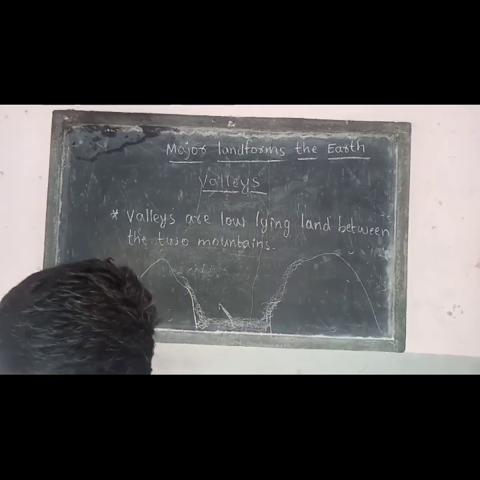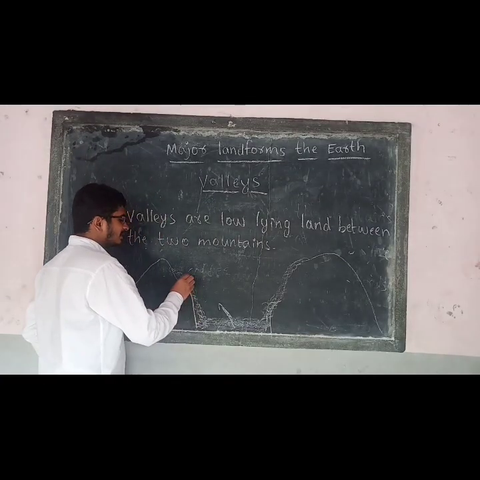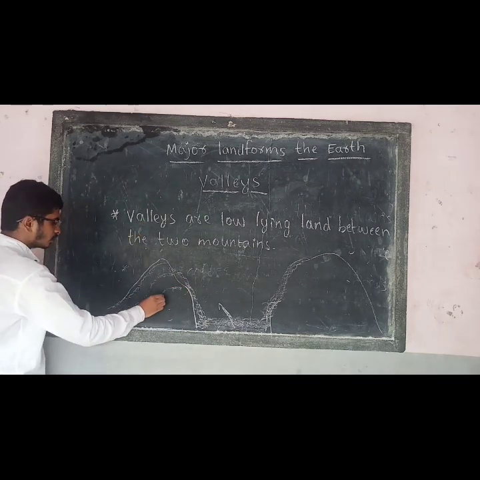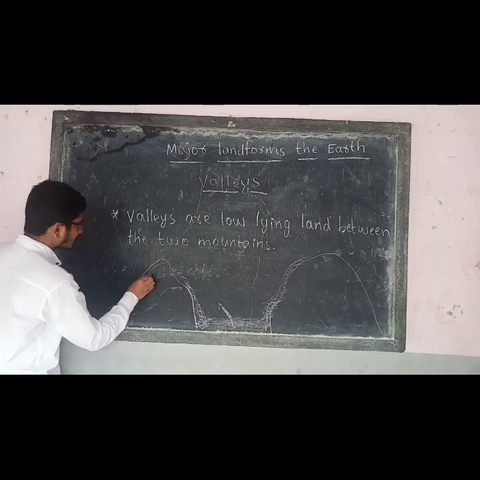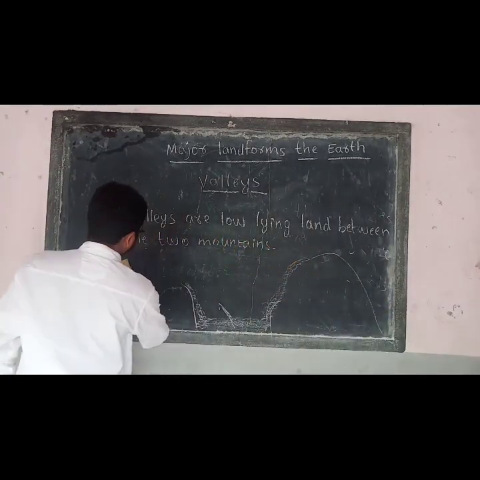Now, and how it has a pleasant surface. Mountains means not like hills also we can say. So here it has a pleasant surface. Now you can note down the point again.